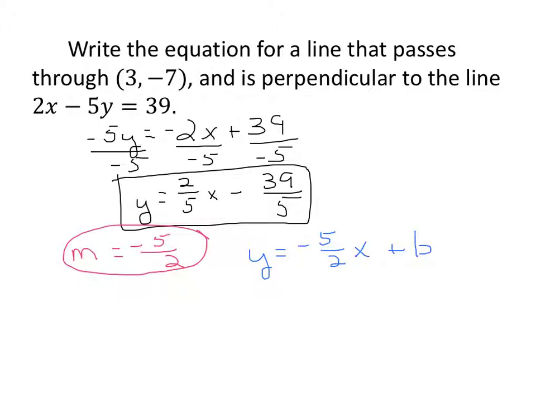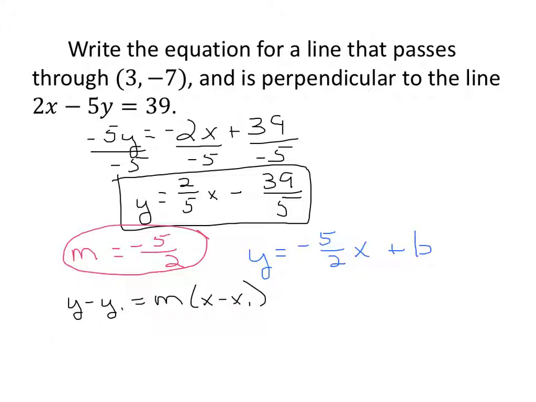So now we have to find what b is, and this time I'm going to use the point slope formula to demonstrate that. The point slope formula says that y minus y1 equals m times x minus x1, so you need to memorize that. Here's x1 and y1, so we plug those things in.